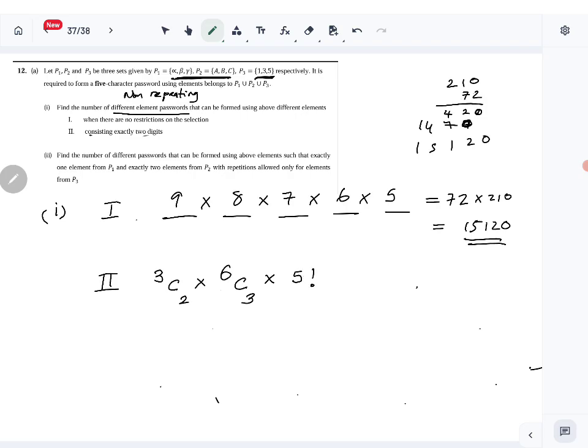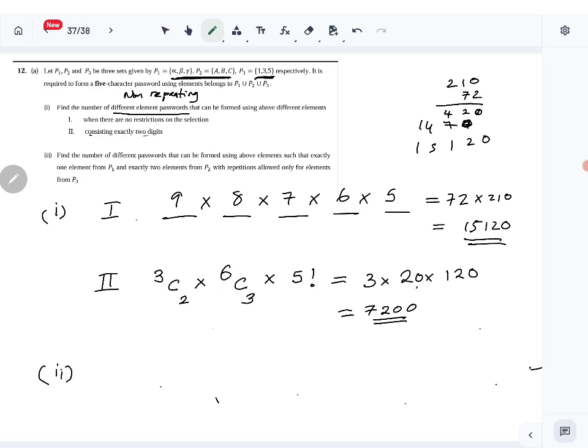Order matters, so you have to multiply by 5 factorial. So then let's look at the answer. 3 into 6C3 is what? 20. 20 into 5 factorial, 120. 60 into 120, or 7,200 passwords are possible.